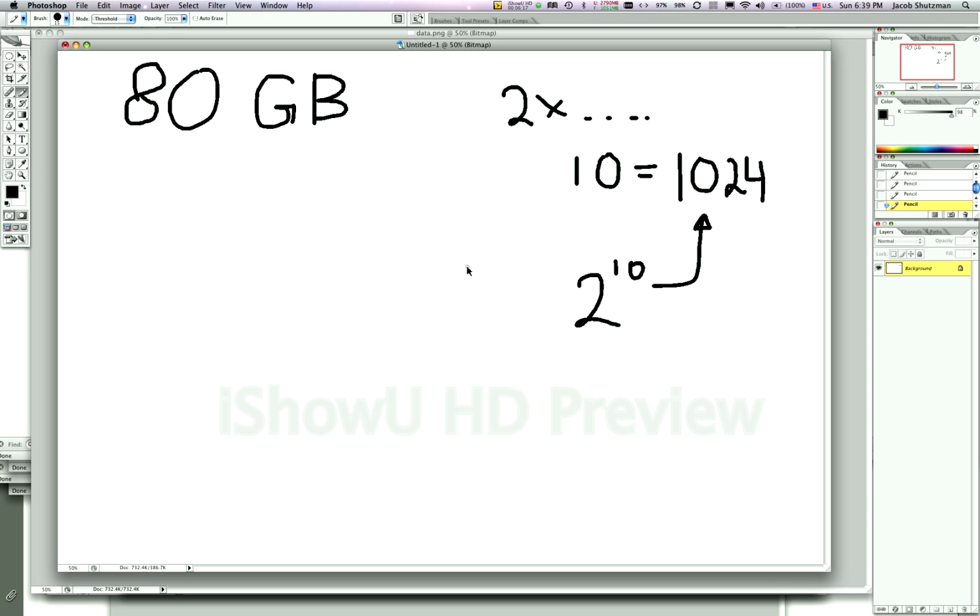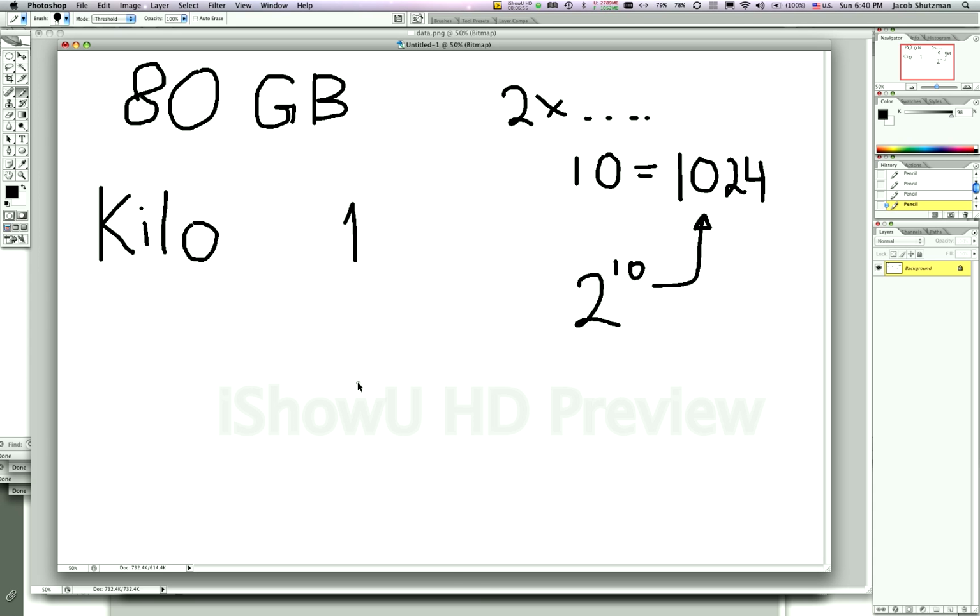Now, in the world of computing and operating systems, they use this 1024 as the kilo, the measurement that's called kilo. Kilo in real life is usually 1,000. For example, 1 kilometer is 1,000 meters, or 1 kilogram is 1,000 grams. But in the world of computing, they use the number 1024 instead of 1,000, and this causes some confusion, and we'll see what the confusion is a little later.